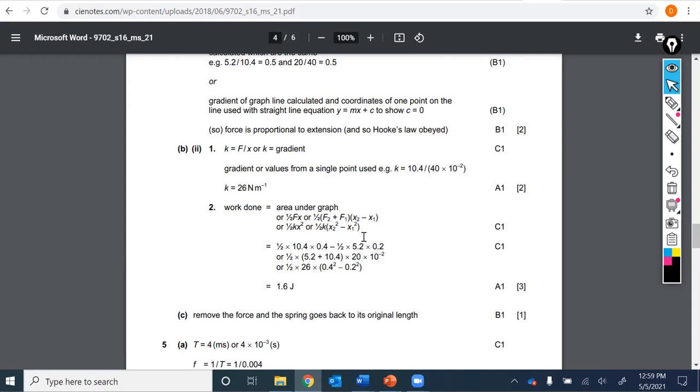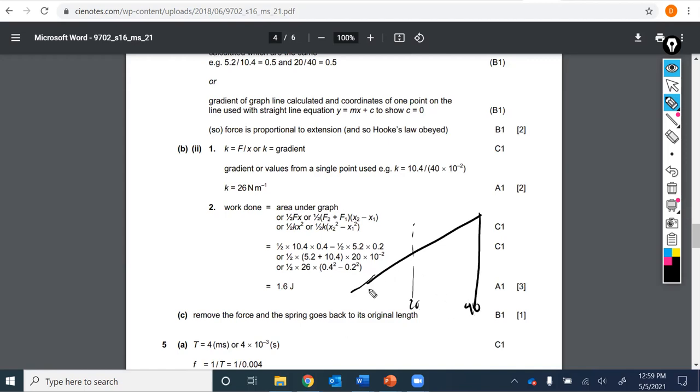So it looks like they've subtracted away the 1/2 base times height from this 1/2 base times height, but here they've done the entire extension. In other words, here's maybe where we went wrong. This is really frustrating. They only showed us a piece of the graph, like from 20 to 40.